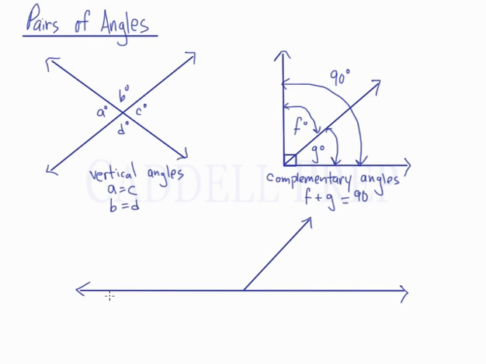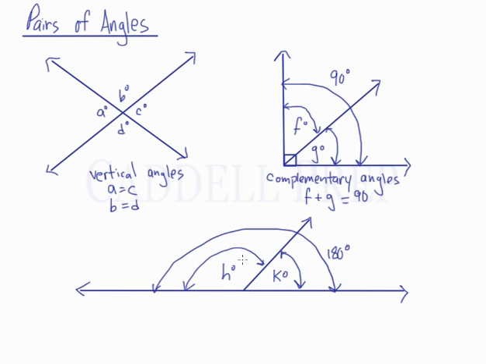In this diagram, we have a straight line. A straight line has 180 degrees. So this ray, which is drawn, splits this 180 degrees into smaller angles. So let's just say this is H degrees and this is K degrees. But altogether, it has to be 180 degrees.